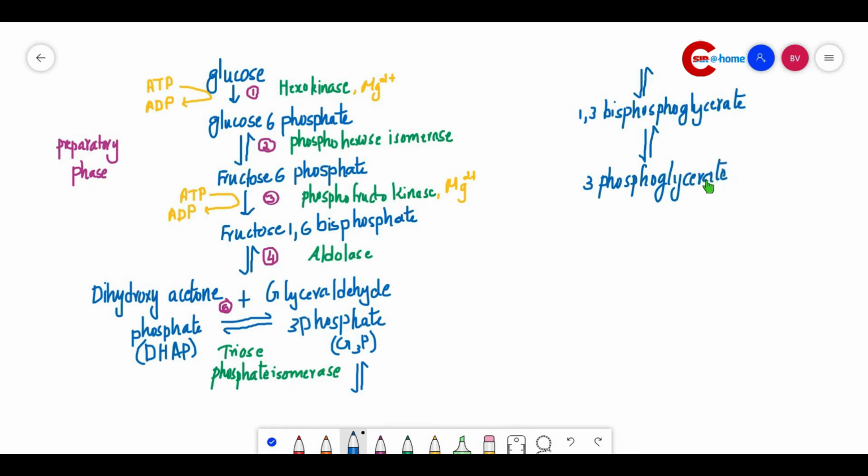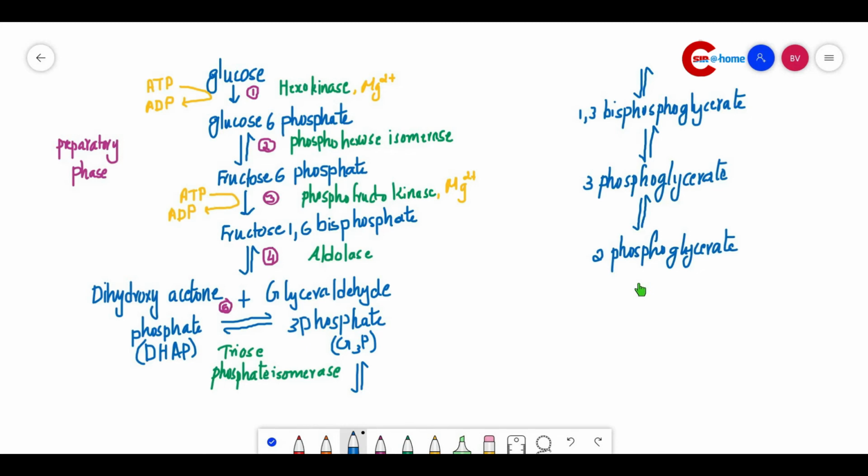Then this 3-phosphoglycerate is converted into 2-phosphoglycerate, and this reaction is also reversible. That means this one is also not a regulatory step. It is just a position change.